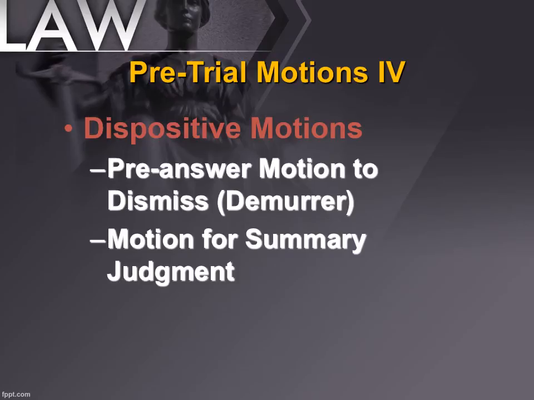If you feel the party has stated bad law, or it's been the wrong area, you're lacking jurisdiction, you would file a motion to dismiss or motion for demurrer. If you feel like they filed it correctly, the law is correct, but factually they have no grounds to stand on, then you would file a motion for summary judgment. All right? And we'll see this law versus facts thing one more time when we look at grounds for appeal.